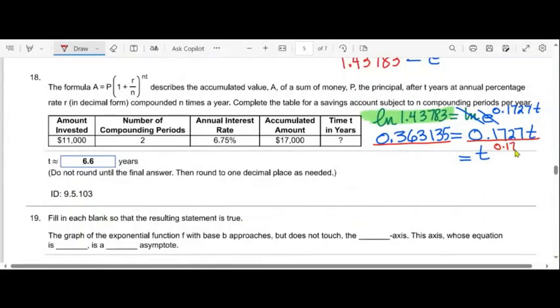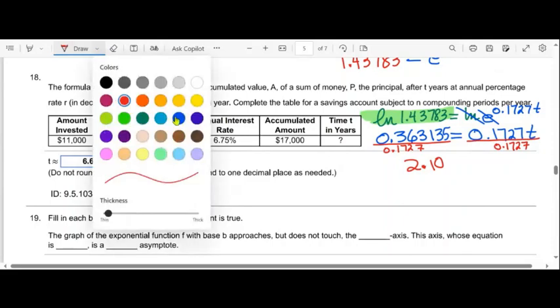Can you divide and tell me how much the value is? 0.363135 over 0.1727 gives 2.102. No problem. So now we got t, right? T equals 2, yes, it's equal to 2.